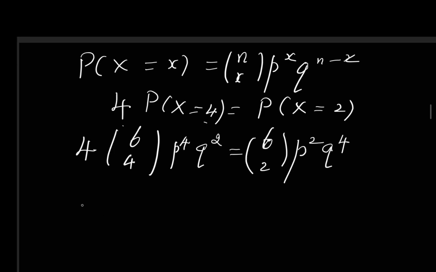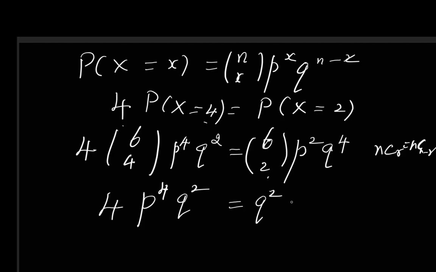So what is the value here? In the combination formula you learned in 11th standard, nCr is the same as nC n minus r. Both are equal: 6C4 and 6C2, since 6 minus 2 is 4. Both are the same, so you can cancel. 4 p^4 q^2 is equal to q^4 p^2.